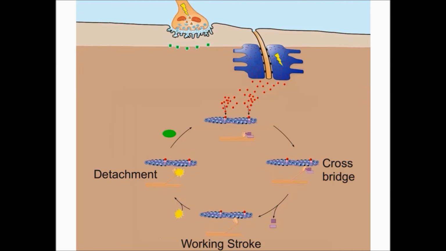To accomplish this reconfiguring of the myosin head, ATP must be broken down into ADP and phosphate through a process known as ATP hydrolysis. We call this step reconfiguration. Once the myosin head has returned to an upright position, a new cross bridge can be performed, and a muscle contraction will continue.